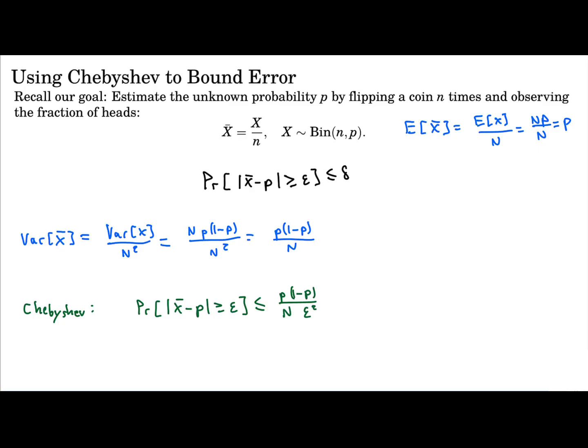Which means that, if you want to simplify and make it even looser, you could bound this. For p(1 minus p), the biggest value it can assume is 1/4 when p is equal to half. So you can just bound it by this amount. With that, the probability that this is further away than a certain epsilon is less than or equal to 1 over 4n epsilon squared, depending only on n.